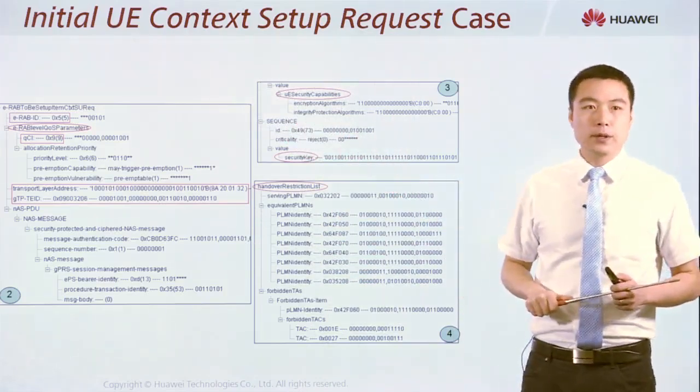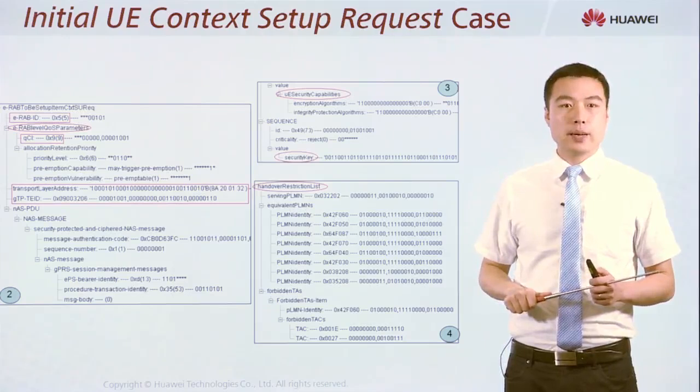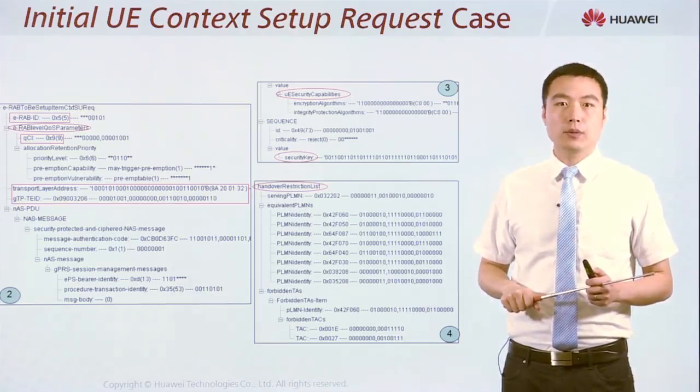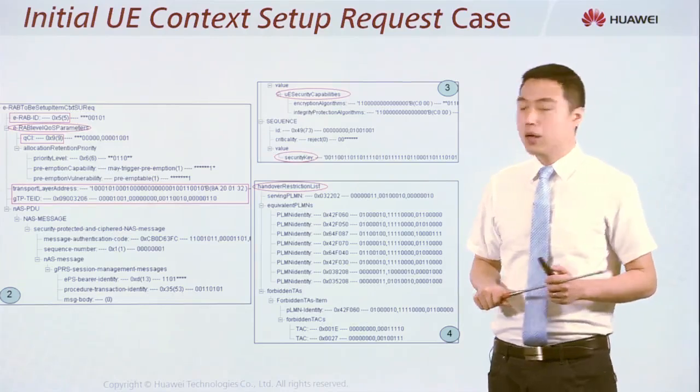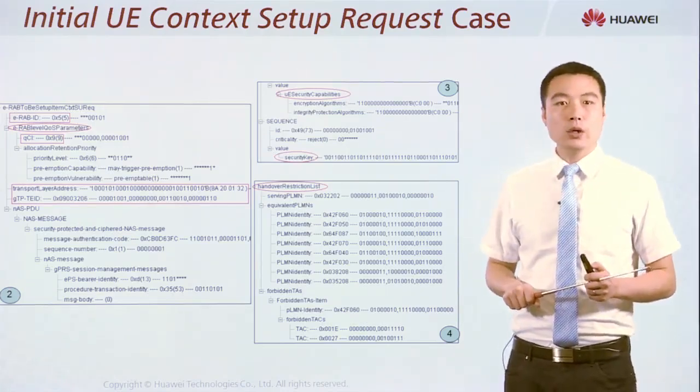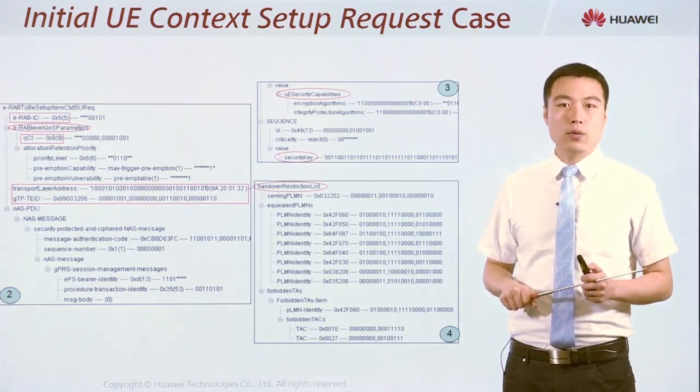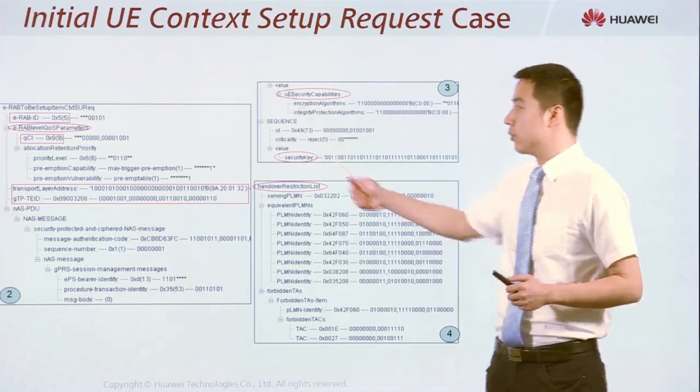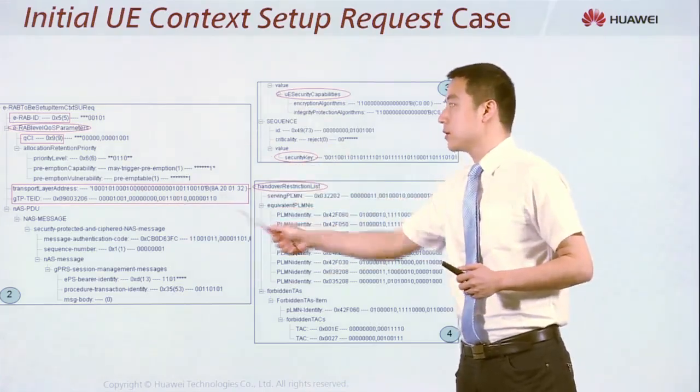Generally speaking, the initial UE context setup request message includes the QoS parameters of the default bearer. The core network sends this QoS information to the eNodeB, and the eNodeB will allocate the radio resource for the default bearer based on those QoS information.